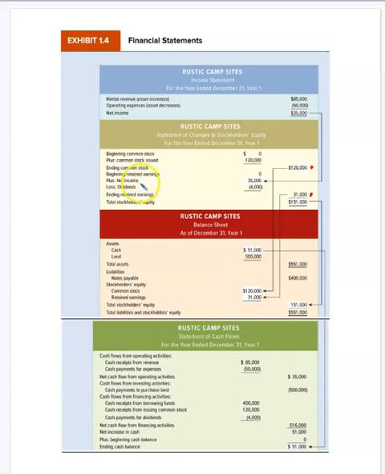So we had beginning plus net income minus dividends to get ending, and then they added these two to get ending stockholders' equity. Okay, and then these two, notice they did it on the left-hand side, are going to go into the balance sheet for stockholders' equity. We'll see the common stock of 120 and then that 31, except we'll be using our own numbers.